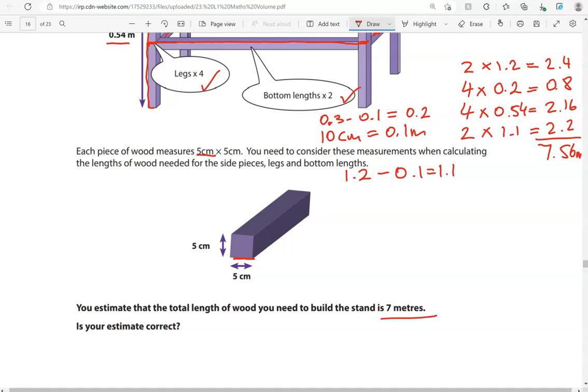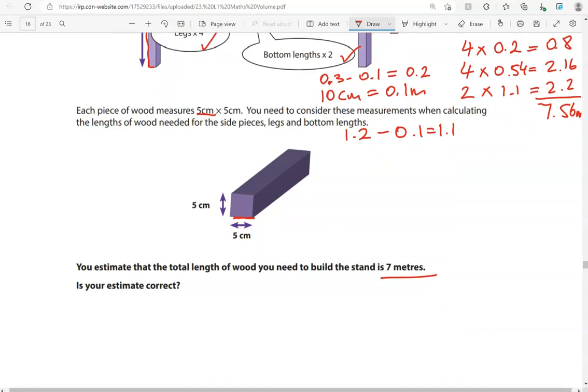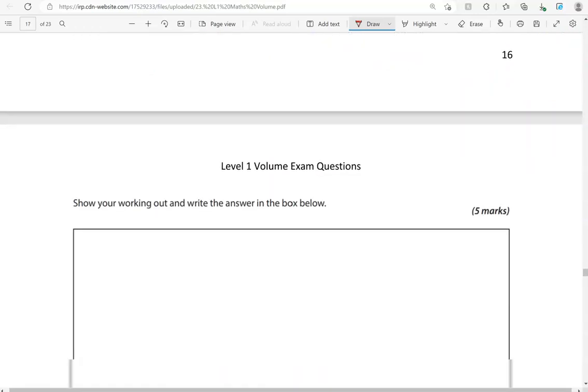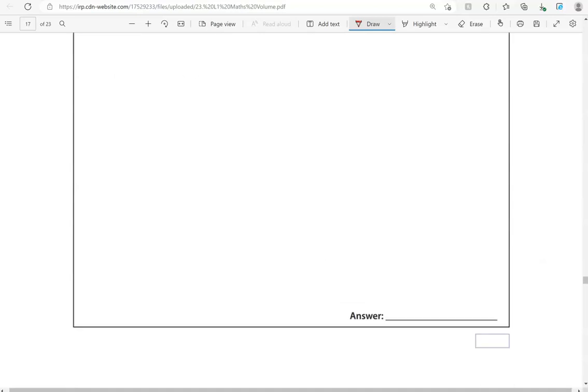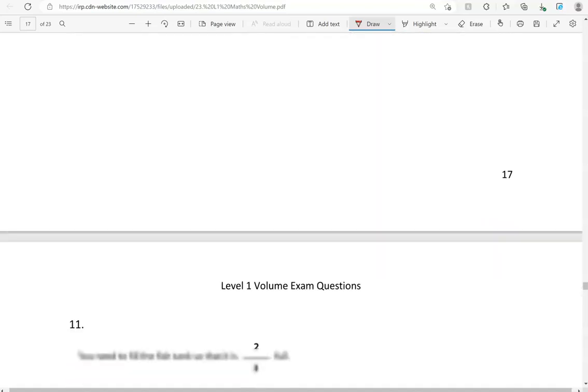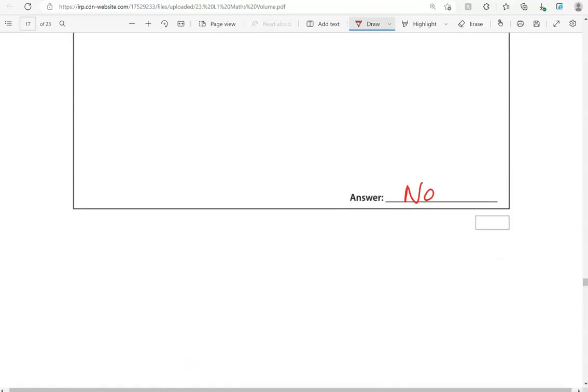So you estimate that the total length of what you need to build the stand is 7 meters. Is your estimate correct? We're going to say no, because we need more than 7 meters. Now you need to show the working out within the box, but I had to show it there so I didn't need to scroll up and down.